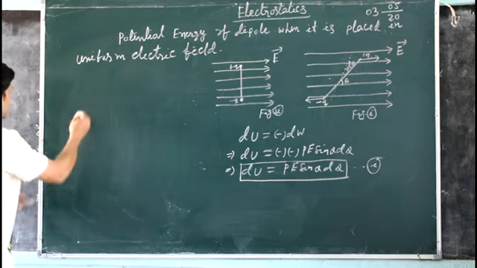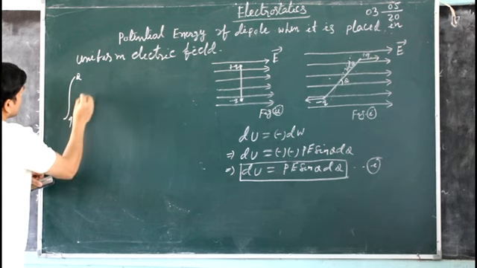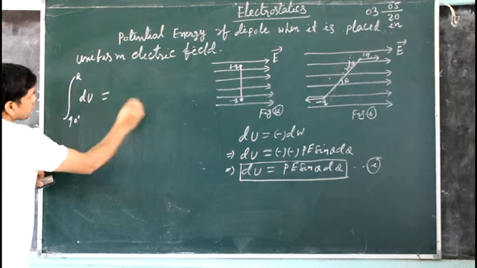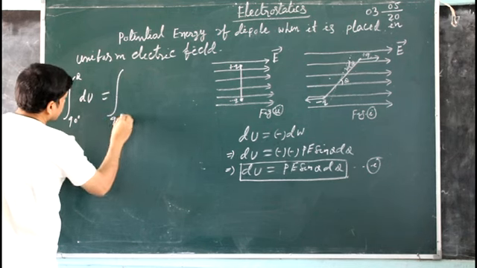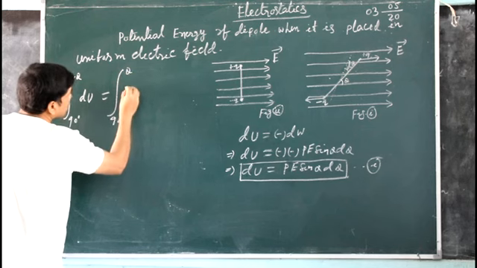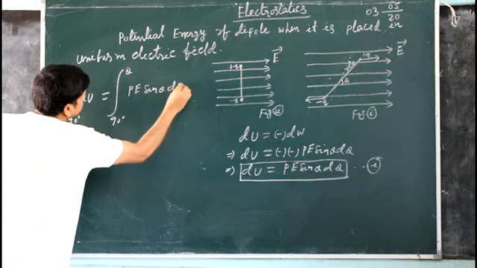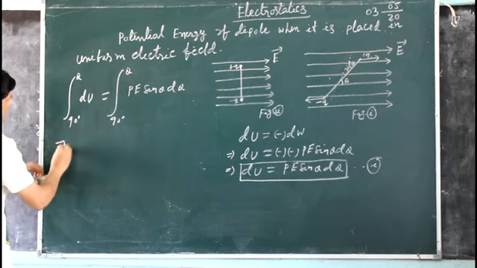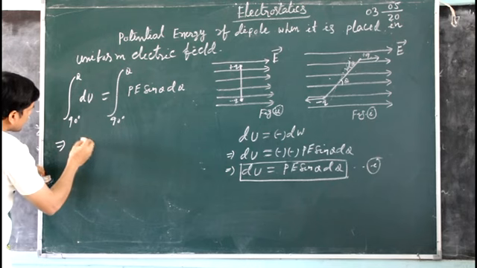So, from 90 degrees to theta, dU, integrating both sides on equation 1, from 90 degrees to theta, PE sin theta d theta. So the integration of dU is equal to U.